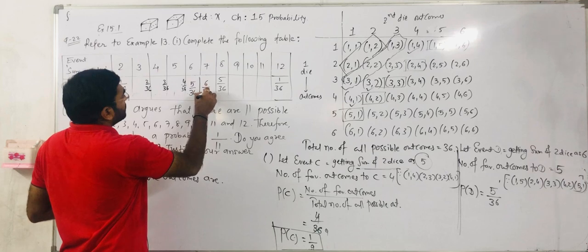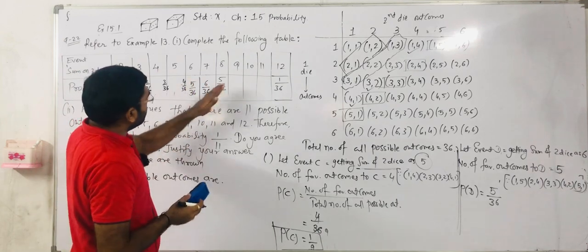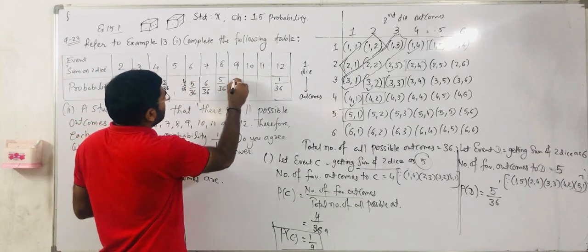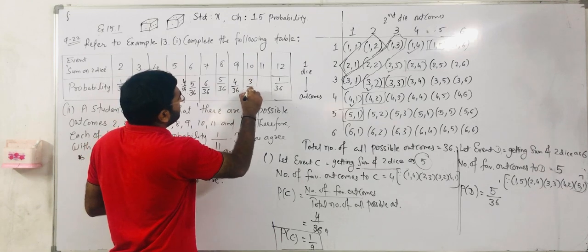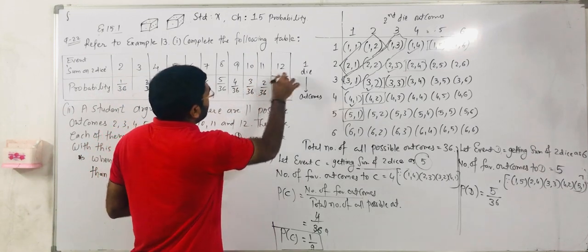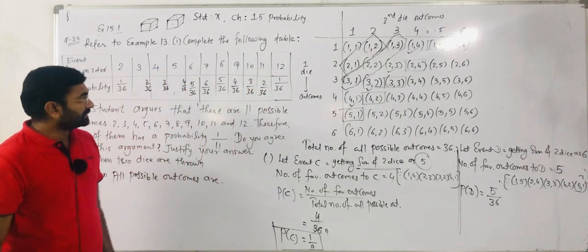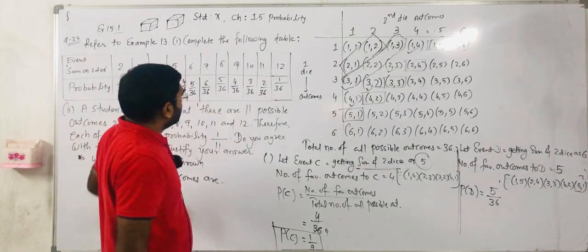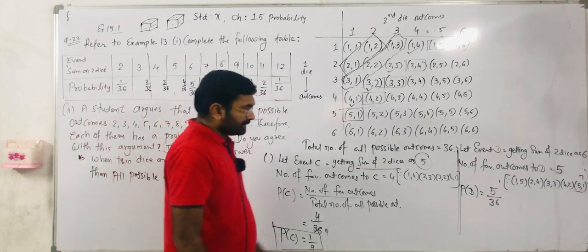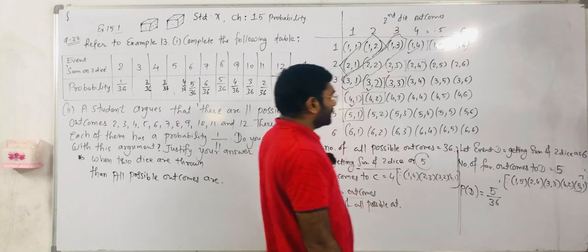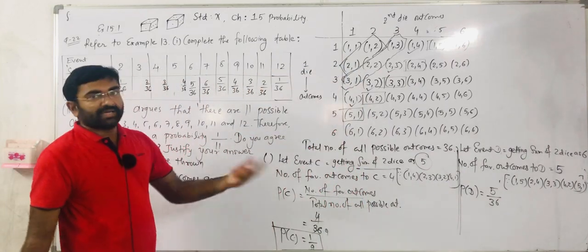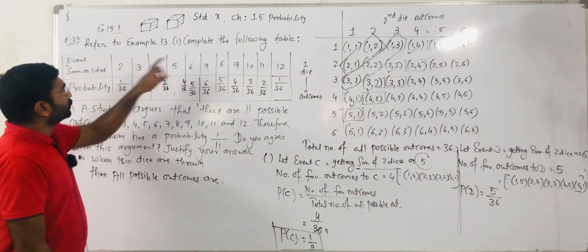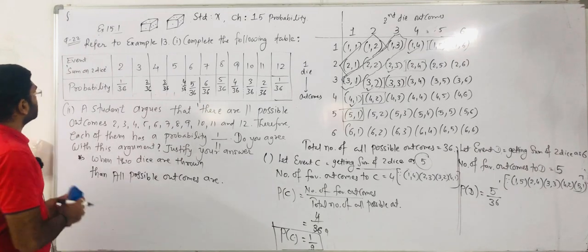Then you get 6 by 36. Then after you get the decreasing order 5 by 36, 4 by 36, 3 by 36 and 2 by 36, and the last one is 1 by 36. Okay, so whenever you complete, that is your answer. So that way we can find out the probability on the 2 dice of the summation from 2 to 12.